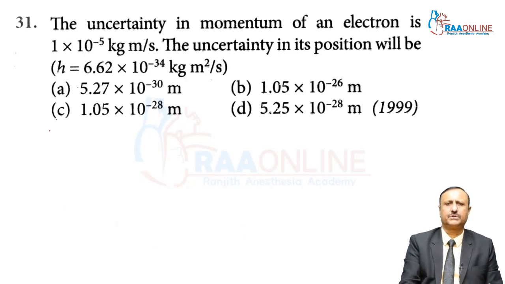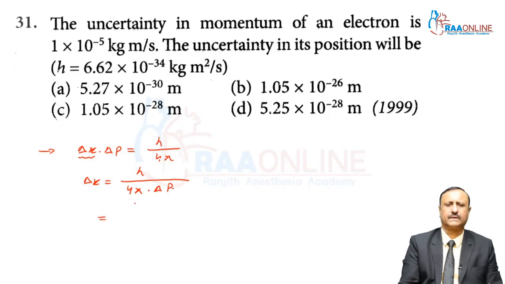The uncertainty in position of electron, my dear students, the formula is the same, delta x into delta p. Here momentum is directly given in your question, equal to h upon 4 pi. Now we can calculate delta x, that equal to h upon 4 pi into delta p.